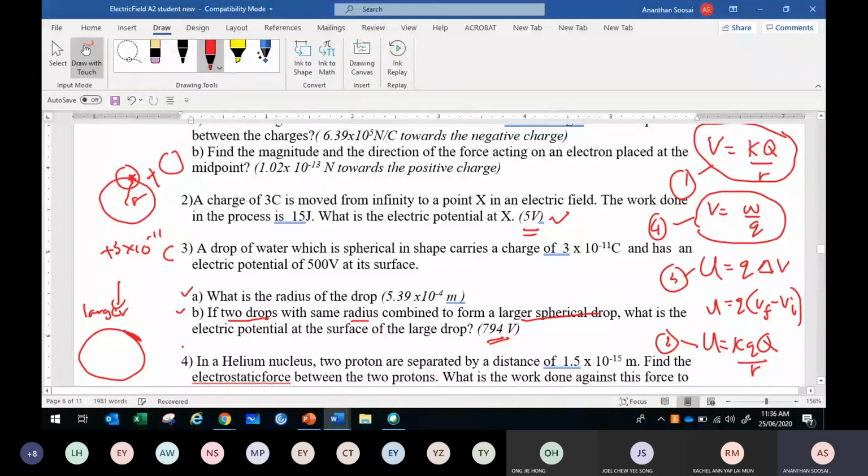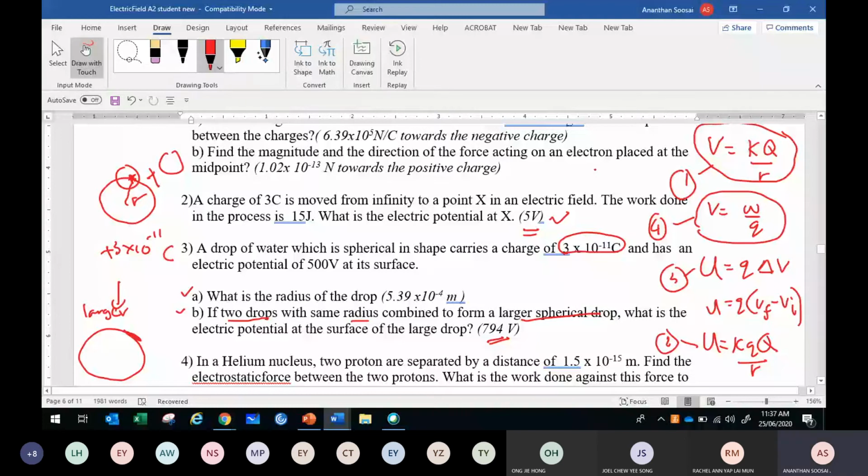But now two drops merge. What is the charge going to be? The charge is just times 2: 3 times 10 to the power of negative 11, times 2. The two charges merge.